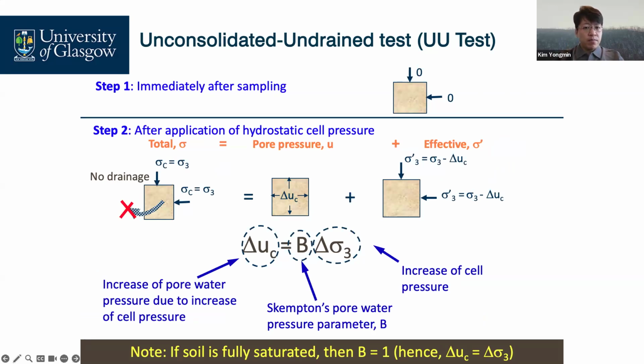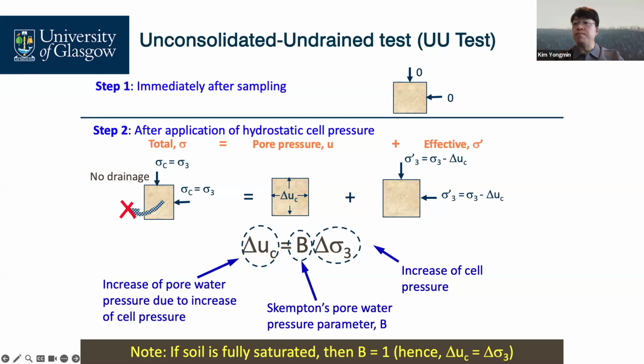We apply confining pressures, and these confining pressures develop water pressures. The ratio of the increment of your water pressure to the increment of the confining pressure is represented by capital B, the so-called B value.